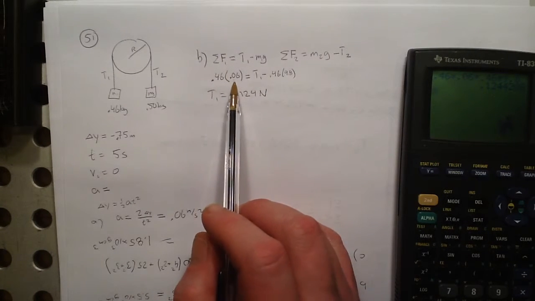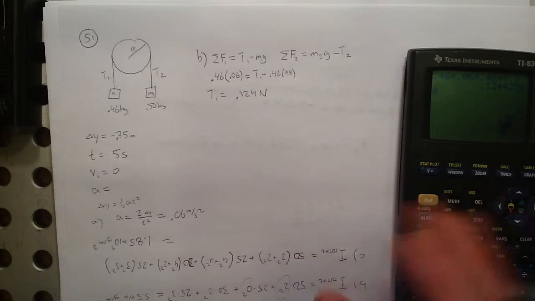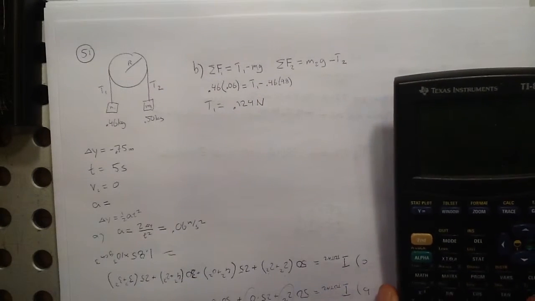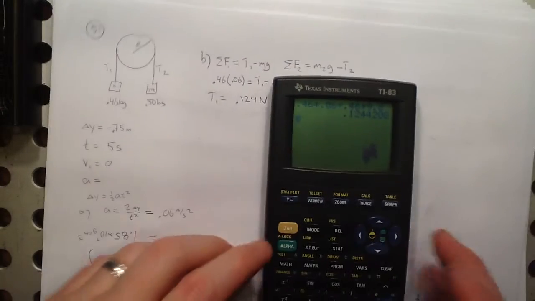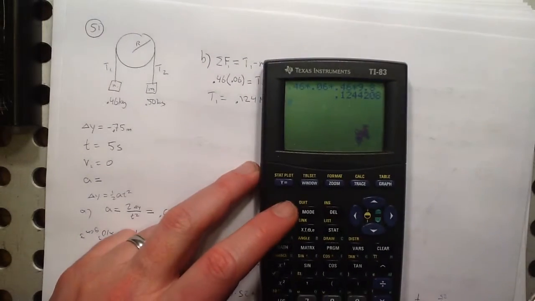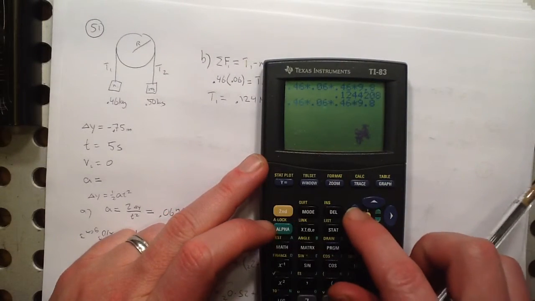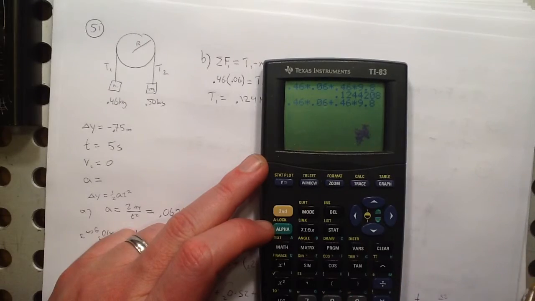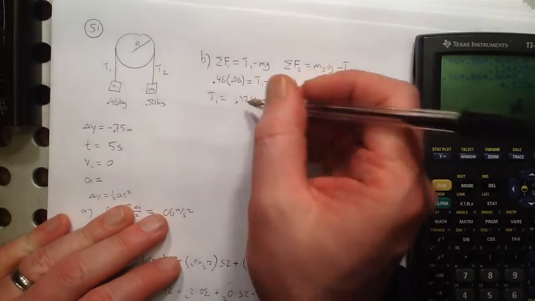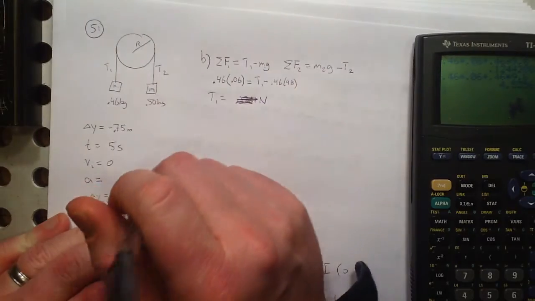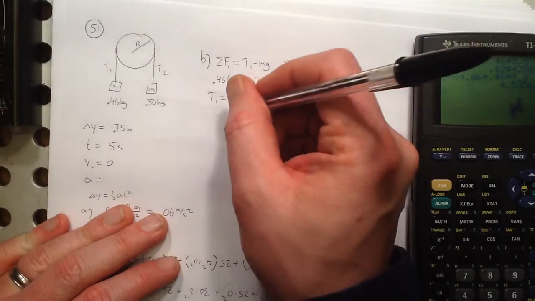So mass times acceleration. Oops, I multiplied there. I see what I did, sorry. You probably saw that before, didn't you? I multiplied here instead of adding. Sorry. There we go. So scratch that. It's 4.54 newtons.